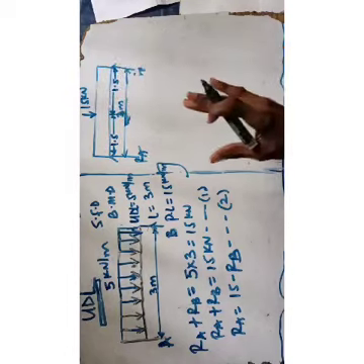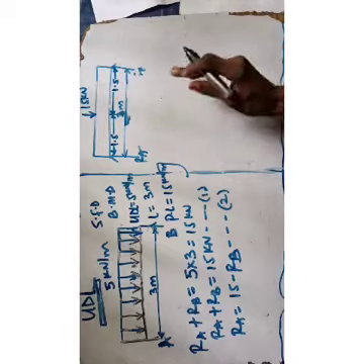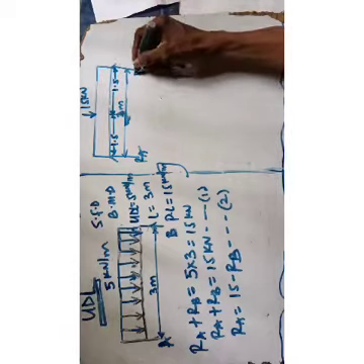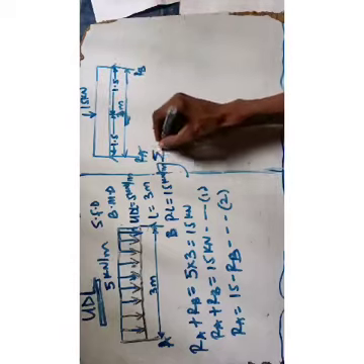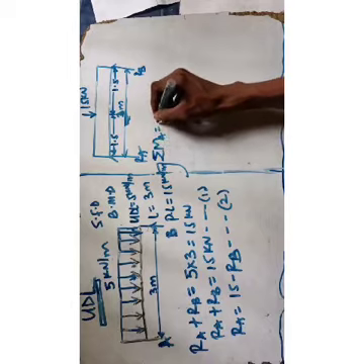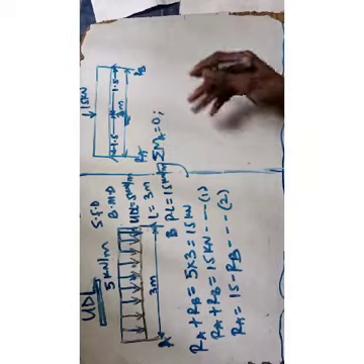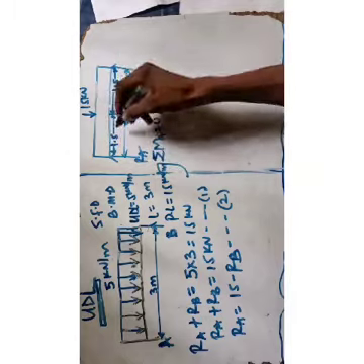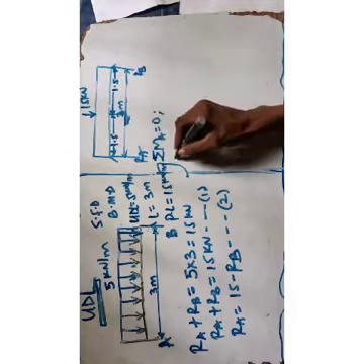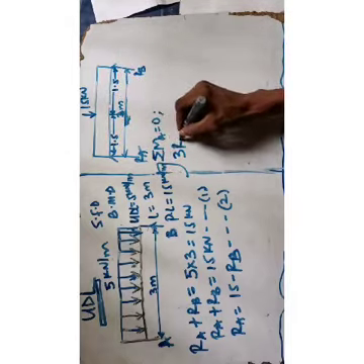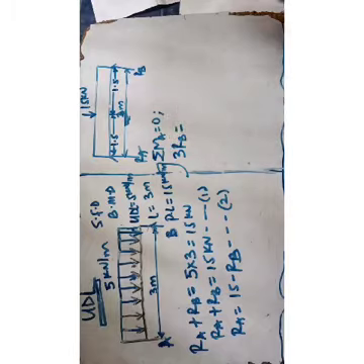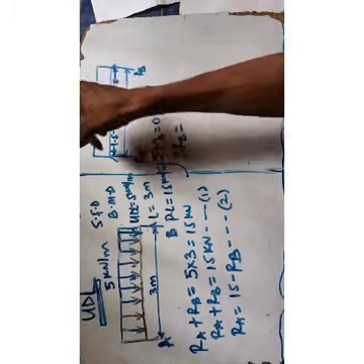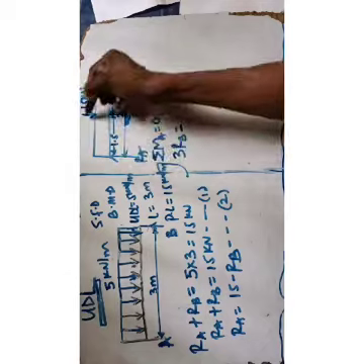So the next thing you do is take your moment. Take moment about point A, that is equal to 0. Every force will be directed back to point A. So that is 3 Rb, clockwise equals anticlockwise.